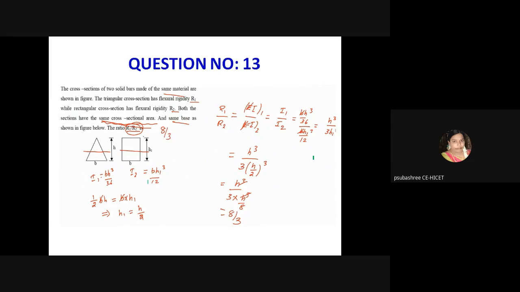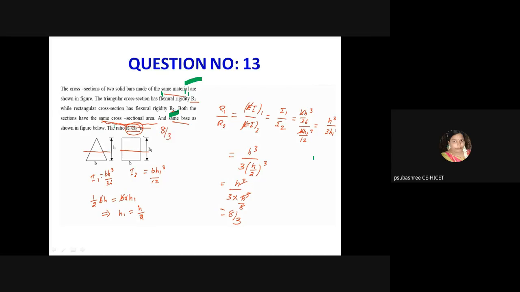Okay. The next is the last question. Please listen here. The cross sections of two solid bars made of the same material are shown in the figure. The triangular cross section has flexural rigidity R1, flexural rigidity means E into I, while the rectangular cross section has flexural rigidity R2.